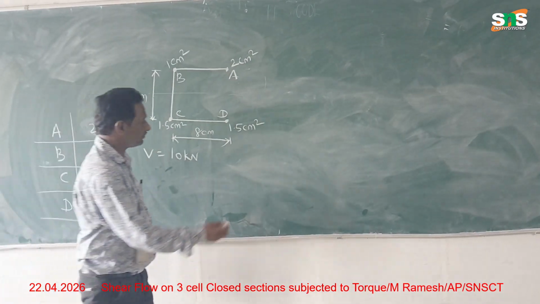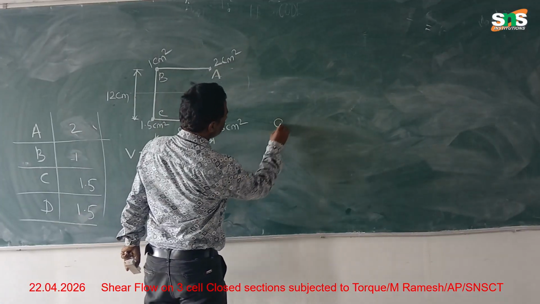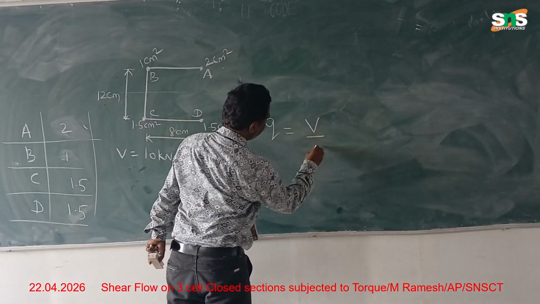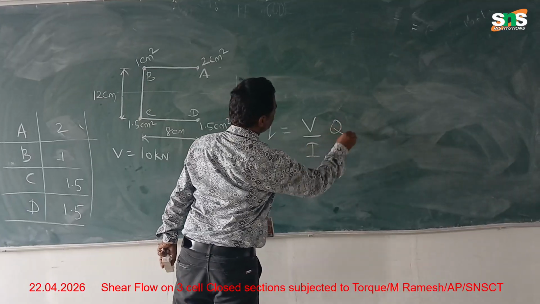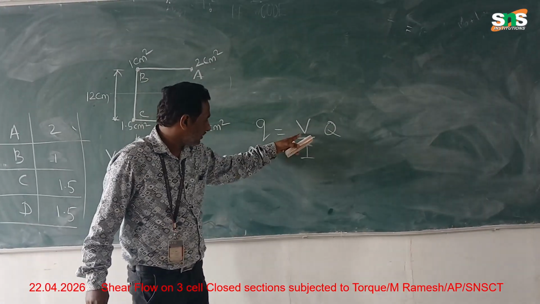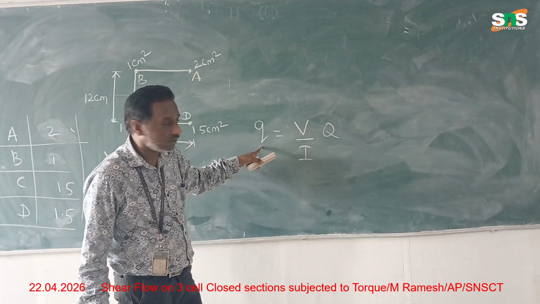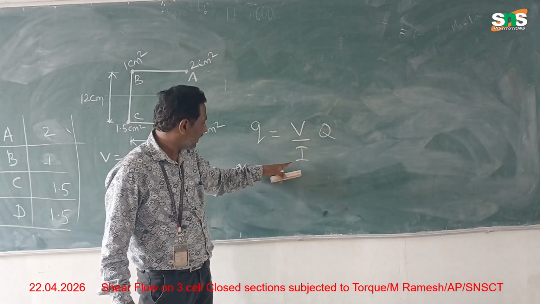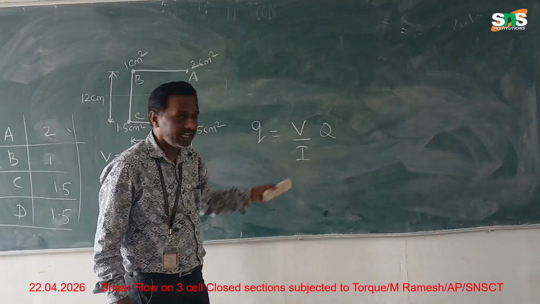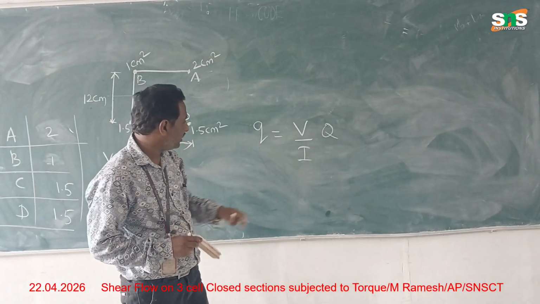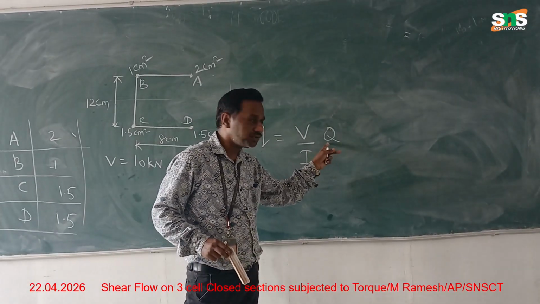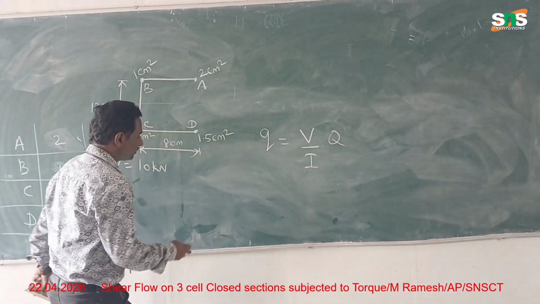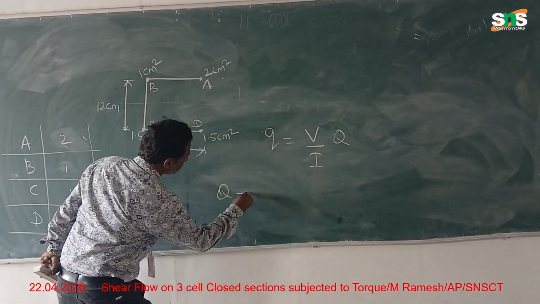First of all, the shear flow. Shear flow can be defined as q equal to V by I into Q. Where small q refers to the shear flow and V is the shear load acting on that, as well as I is the moment of inertia and Q is called the first moment of area.